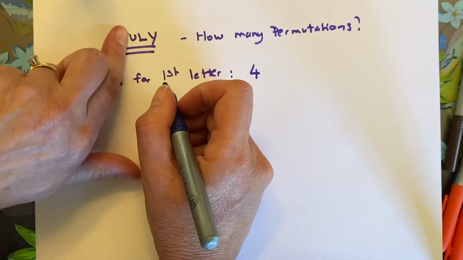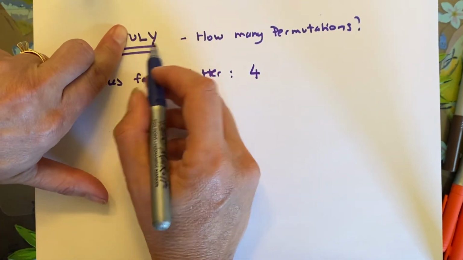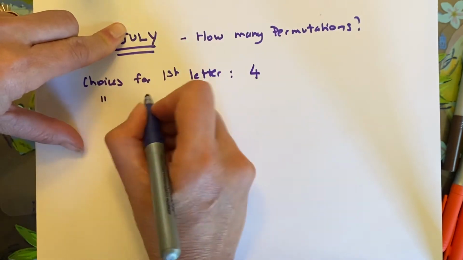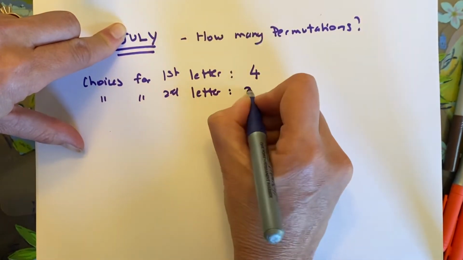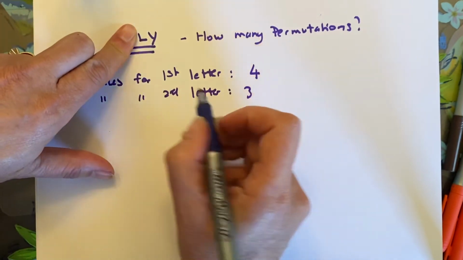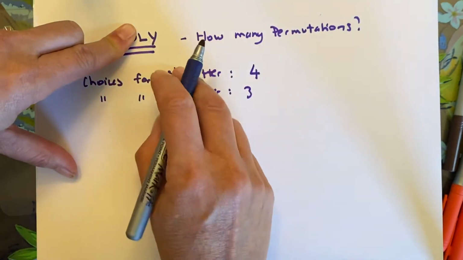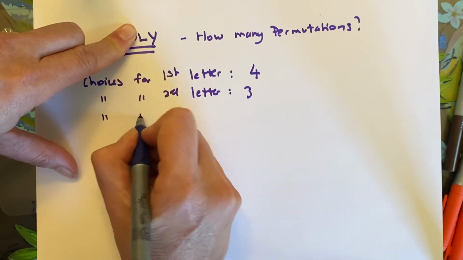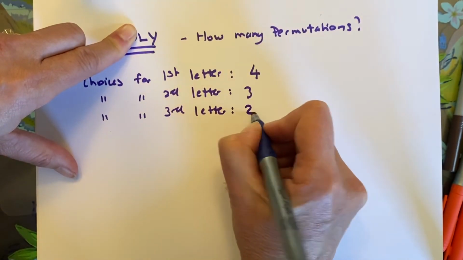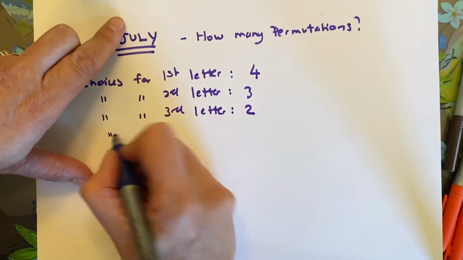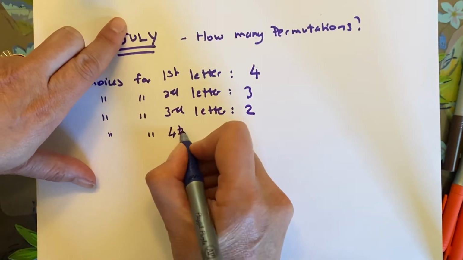Once I've picked one, then my choices have narrowed. I only have 3 left. So my choices for my second letter is now 3. And then now I've picked 2, and the choices for my third letter is now 2. And once I've done that, I only really have 1 left.